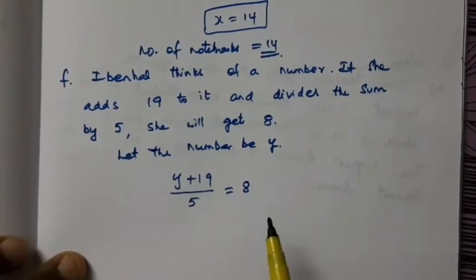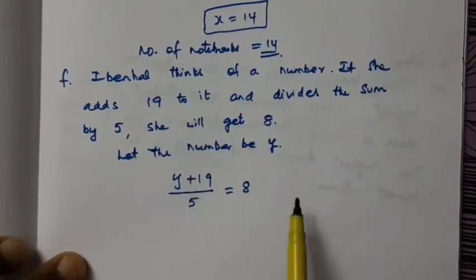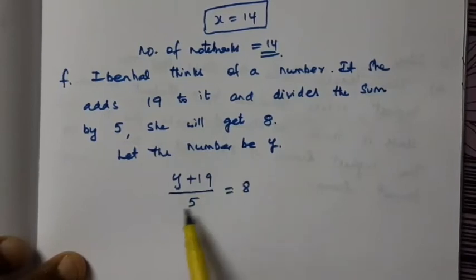So here it is divided by 5. I want to remove this 5. Make a note, you should not move this 19 to this side. First you should move this 5. So I have to multiply by 5 on both sides.